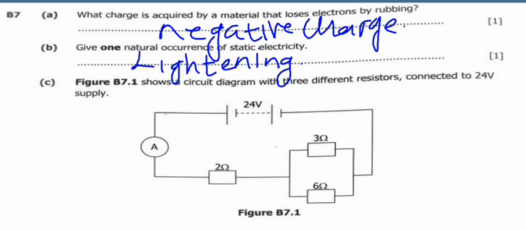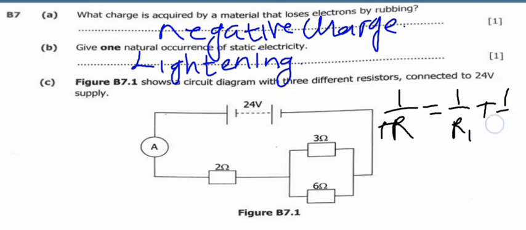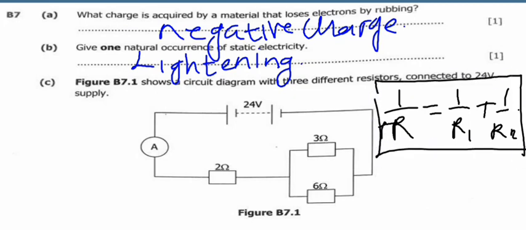Now, for resistors connected in parallel, like these two, we use this formula, which is 1 over the total resistance, equal to 1 over resistor 1 plus 1 over resistor 2, and so on. So if you have many resistors, you can use this one here. Now suppose you just have 2 resistors.